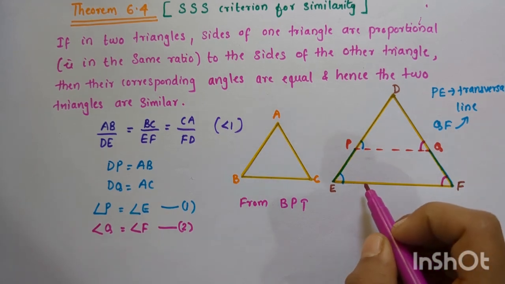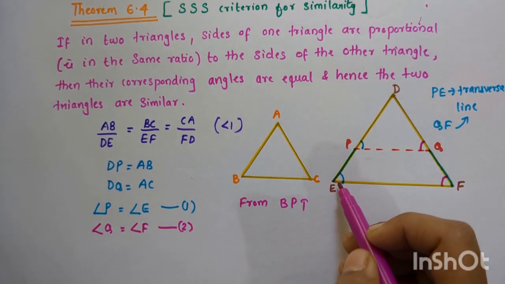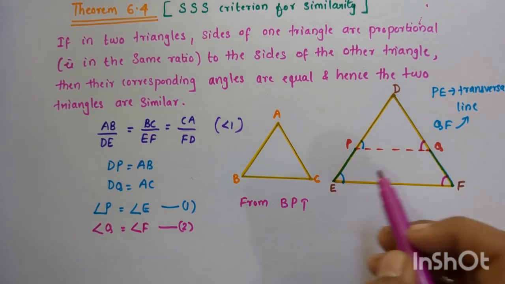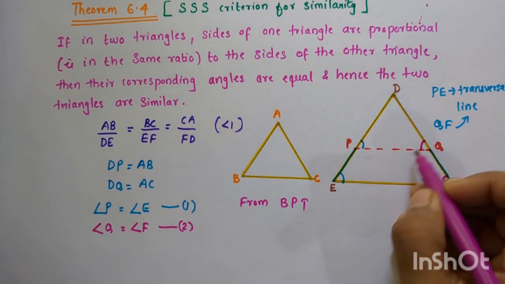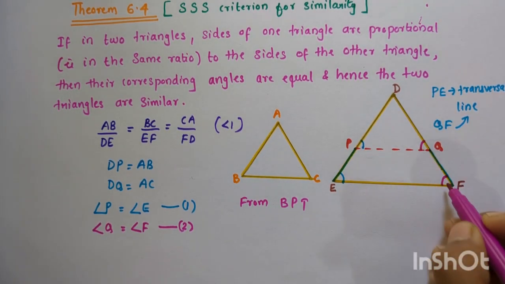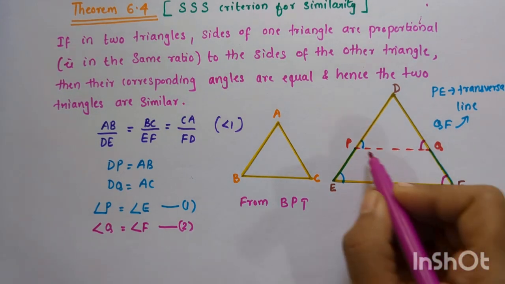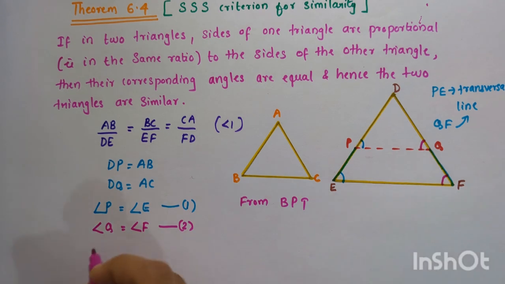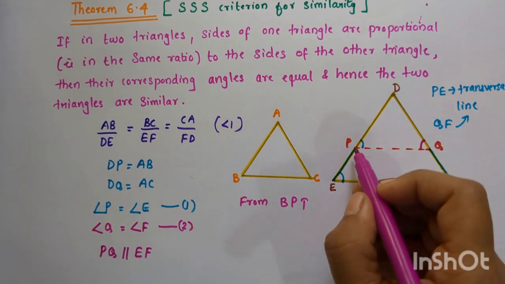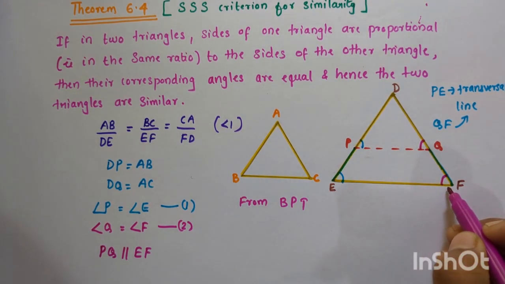And here, angle P is equal to angle E and angle Q is equal to angle F. Since these angles are the same, it is very clear that this line PQ is parallel to this line EF. So we can write PQ is parallel to EF.